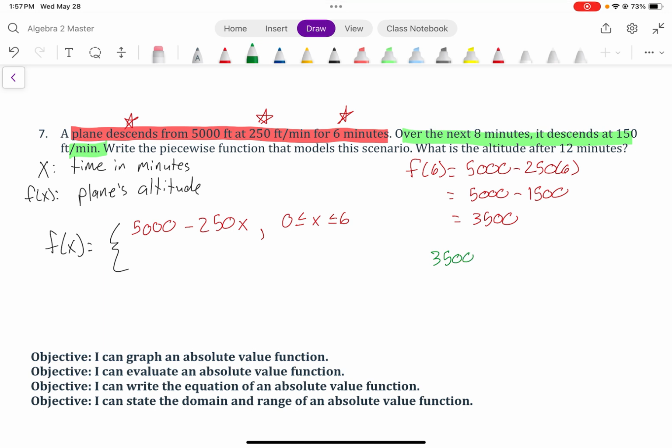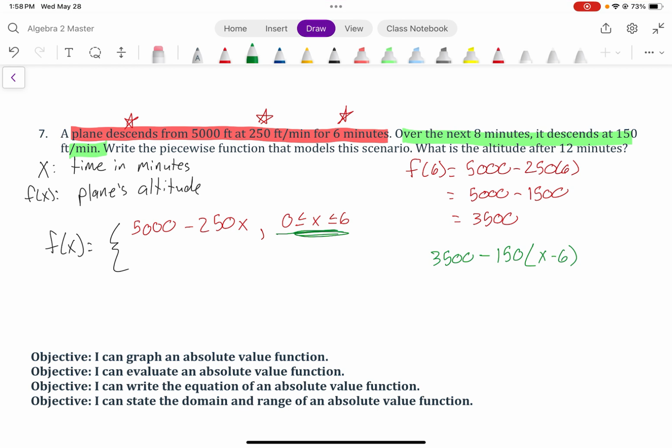For the next 8 minutes, we are going to descend at 150 feet per minute. I don't get to just put minus 150x. I have to put parentheses x minus 6. This is extremely important because when x is not in this red domain, it's going to be bigger than 6.